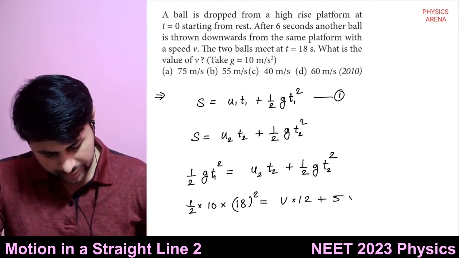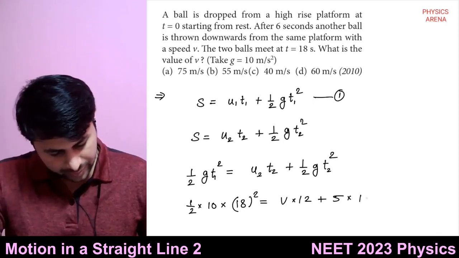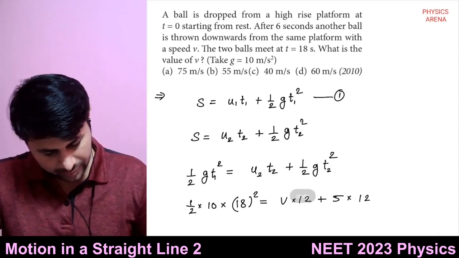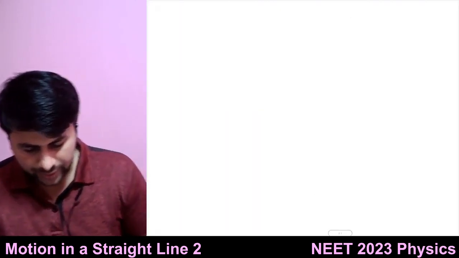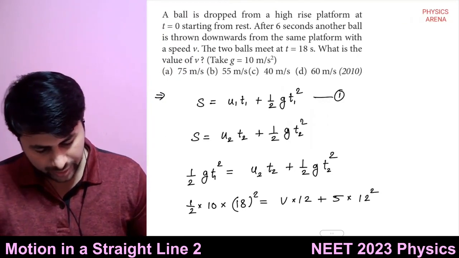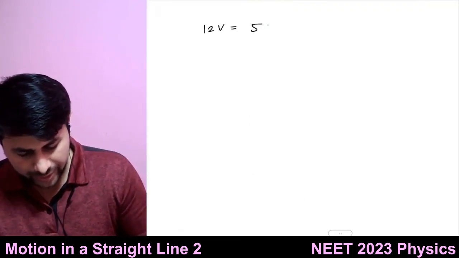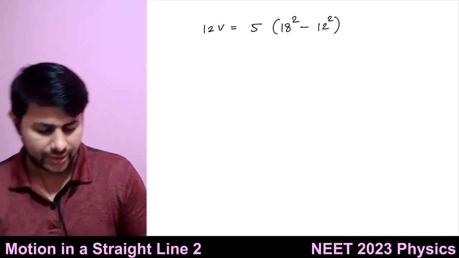Oh, what was that? 5 multiplied by 12 square, no? Yes. So I can write 12 times v is equal to 5 multiplied by 18 square minus 12 square.